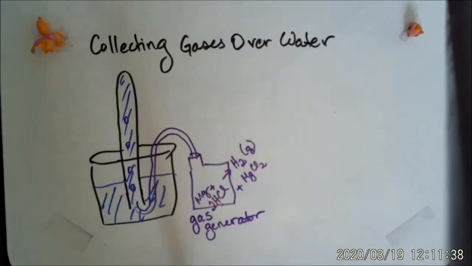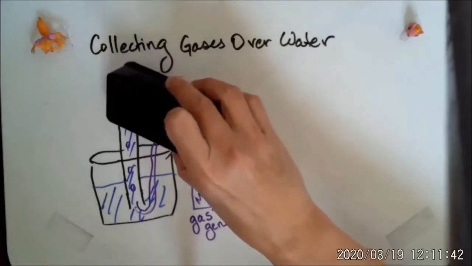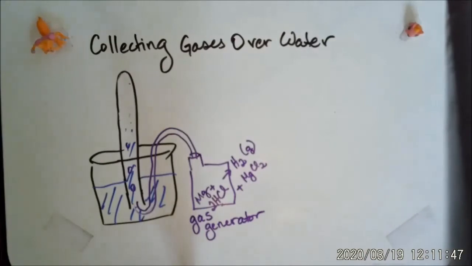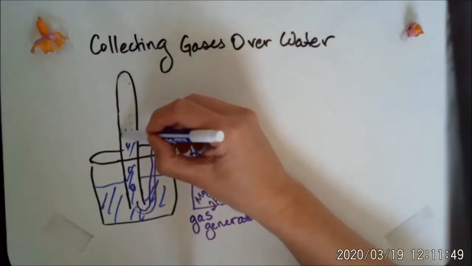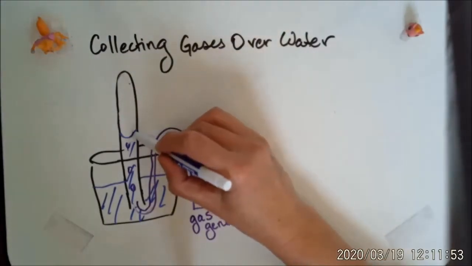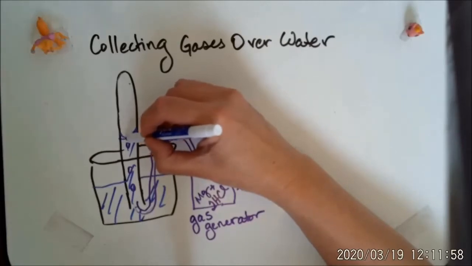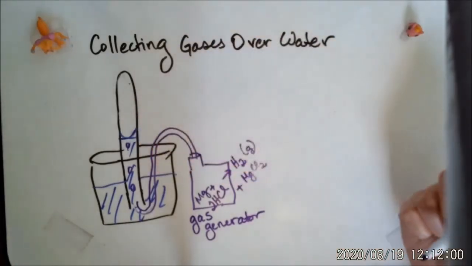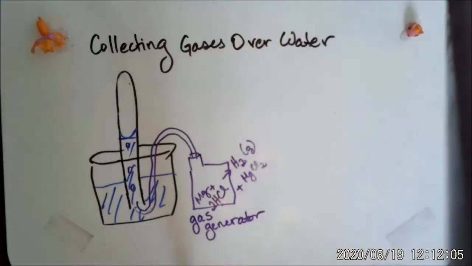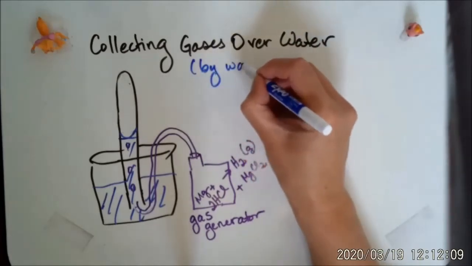So when you bubble up the hydrogen gas in your tube, it begins to displace the water. When you look at your water, remember you have a concave meniscus, and when you read it, you're going to read at the bottom of your meniscus. Okay? So when we collect gases over water, this is called by water displacement.